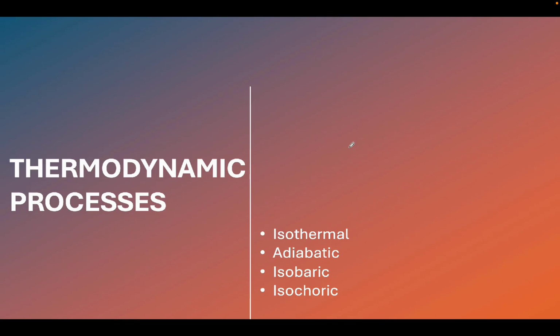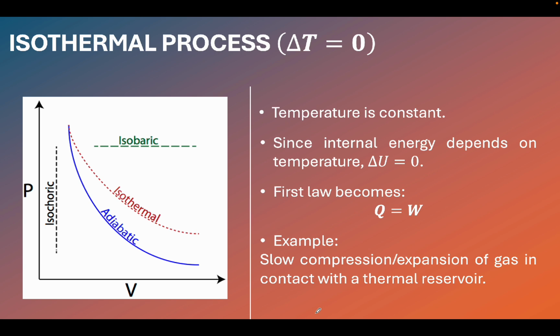Okay, now let's go to the thermodynamic processes. Again, we have four thermodynamic processes: the isothermal, adiabatic, isobaric, and isochoric. We will discuss each of those processes. Let's go to the isothermal process.